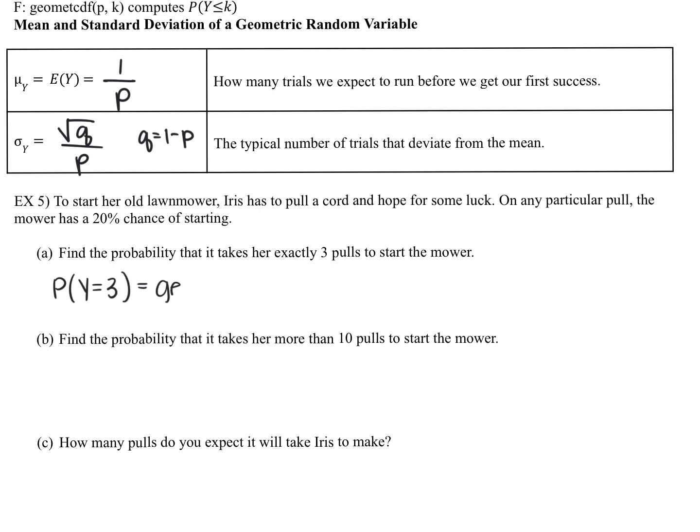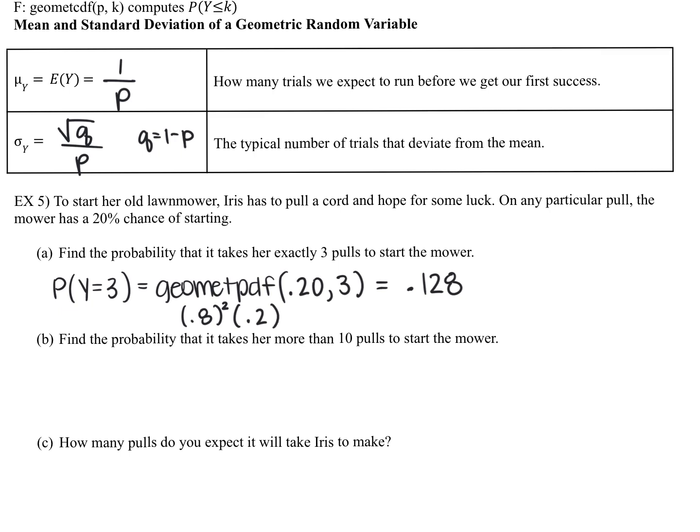We're going to do geometpdf with p of 0.20 and x value of 3, which is 0.128. You can also use the formula here: 0.8 squared, because that's the probability her first 2 pulls fail, times 0.20.